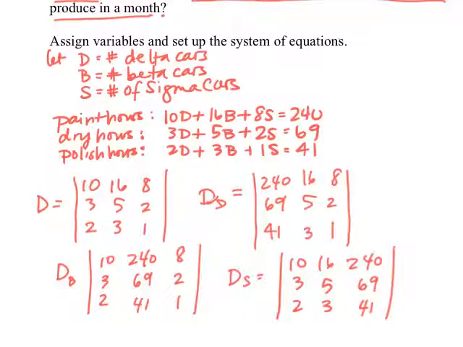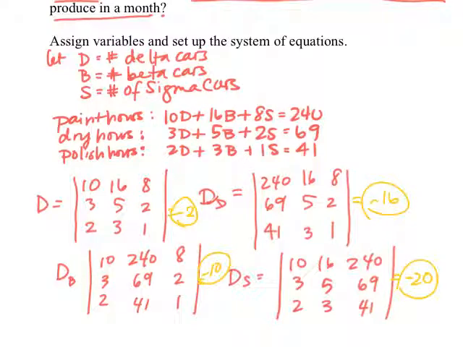And using these calculators, the coefficient matrix D, you end up with a -2. D sub D, you have a -16. D sub B for your beta is a -10. D sub S, your sigma, is a -20.